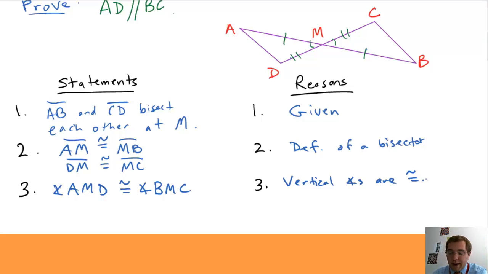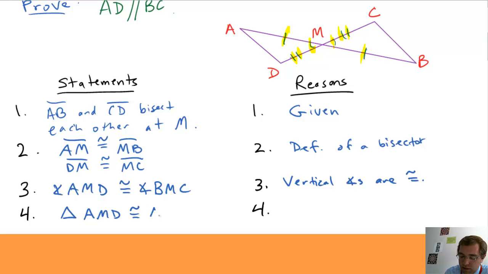So now I have a pair of sides, an angle, and another pair of sides where that angle is between those two pairs of sides. So then I have congruent triangles. And I can state triangle AMD is congruent to triangle.